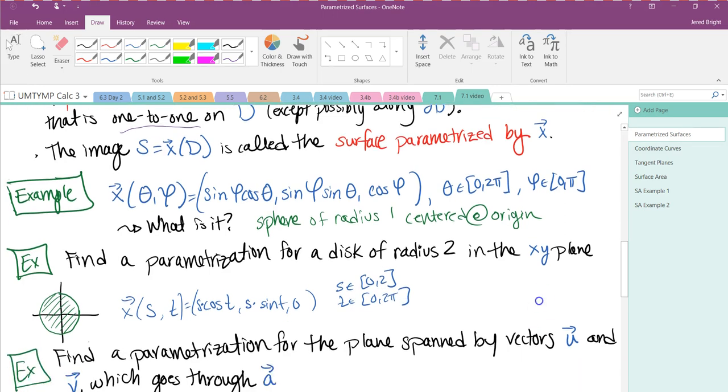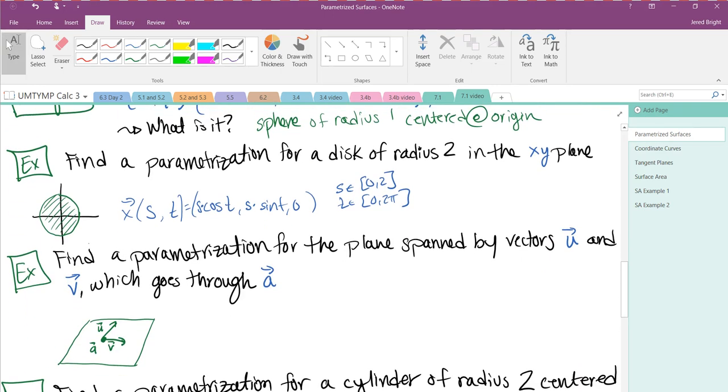Okay. Alright, next example, parameterization for the plane spanned by vectors u and v, which goes through A. Well, this one you might remember from way back when we were discussing this in Calc 2, but we can actually write the formula of a plane in parametric form as, well, we have to have a point on the plane, and then we just add a multiple of the 2 spanning vectors, s u plus t v.